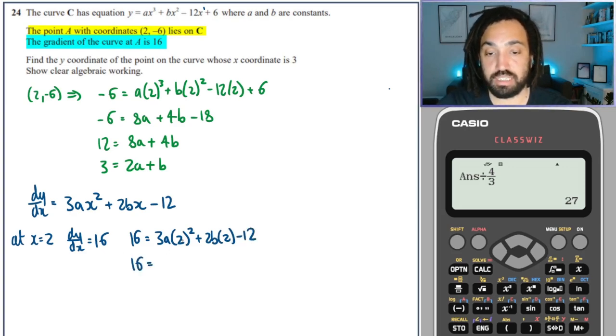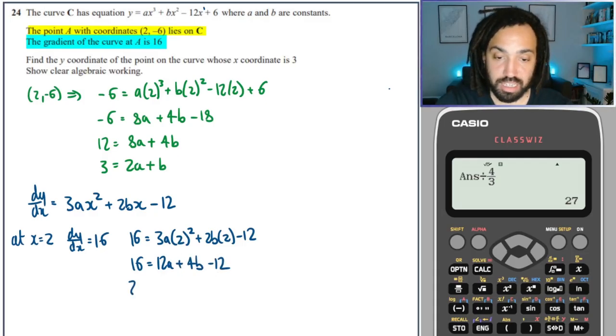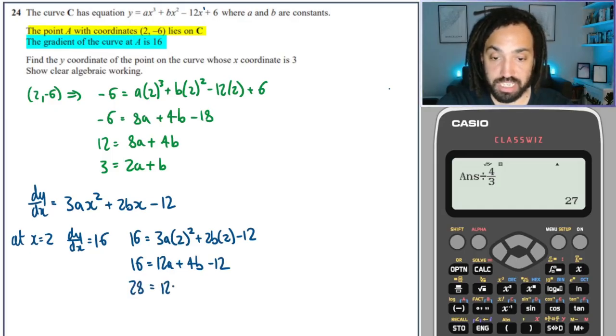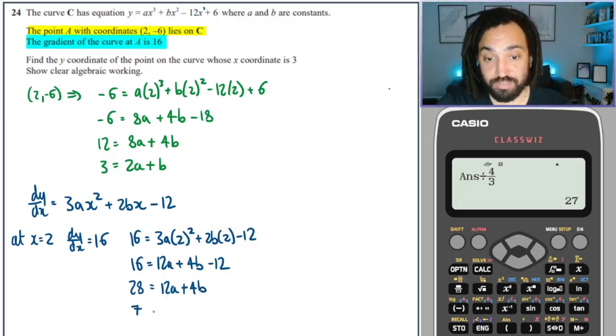So 16 is equal to 2 squared is 4 times 3 is 12, so 12a. 2 times 2 is 4, so 4b, minus 12. Add the 12 to that side, gives me 28, like so. Divide the whole equation by 4, gives me 7 equals 3a plus b.